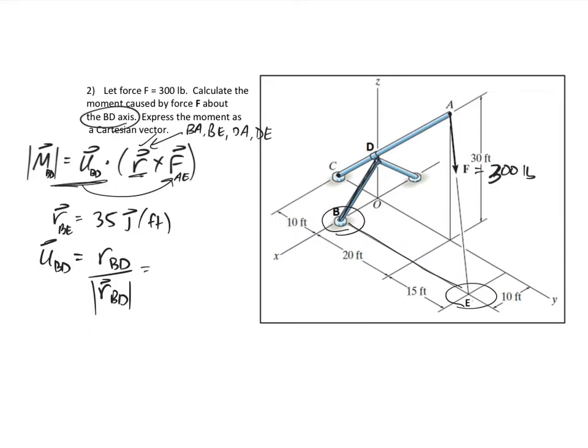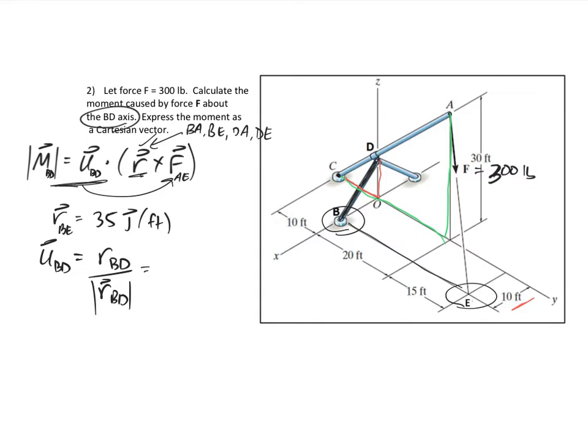So from B to D, this axis right here, I'm not really told the height from O to D, but using similar triangles, this base is 30, this height is 30, and so this base is 10, I'm told. So from similar triangles, the height is going to be 10. And then I do have this 10 foot right there.